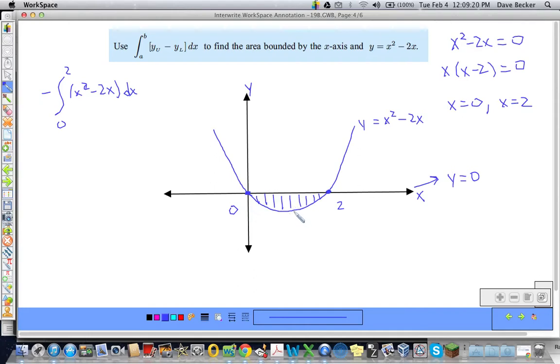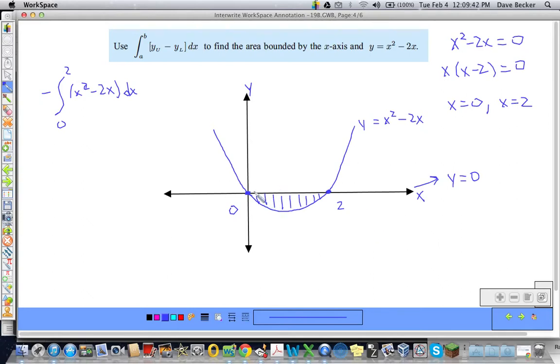But we know area can't be negative, so we compensate for that. But using y sub u minus y sub l, we don't have to worry about that negative. It really is your choice. It doesn't matter for this particular kind of example. It matters very much when we're not dealing with the x-axis, and you'll see that in just a second.